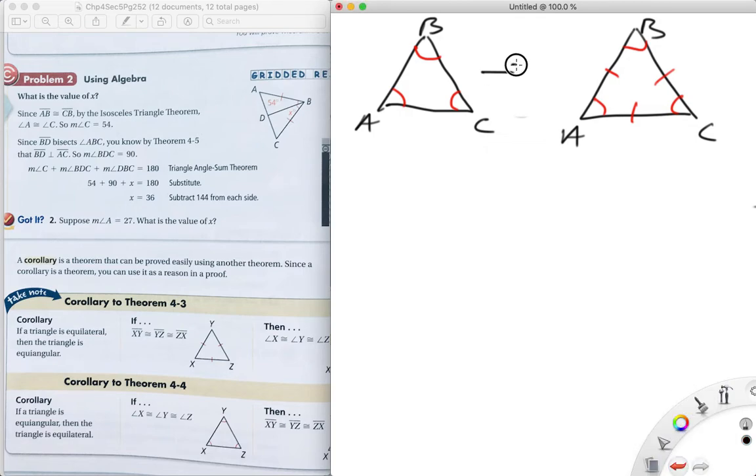We added an additional piece to the original theorem. Corollary to isosceles triangle converse. Alright.